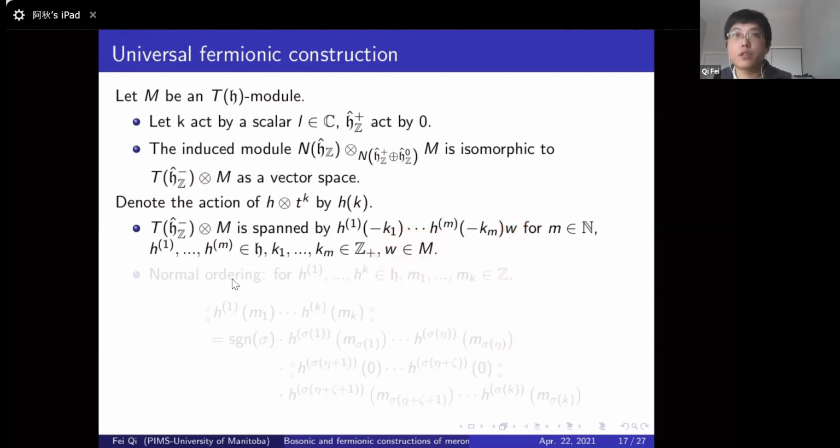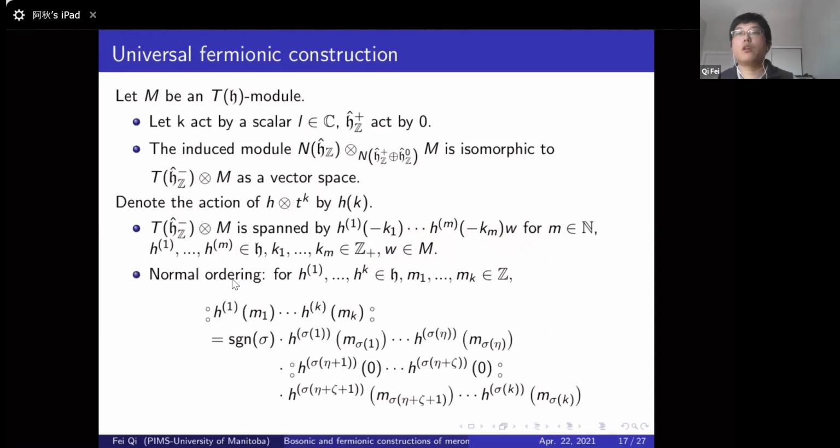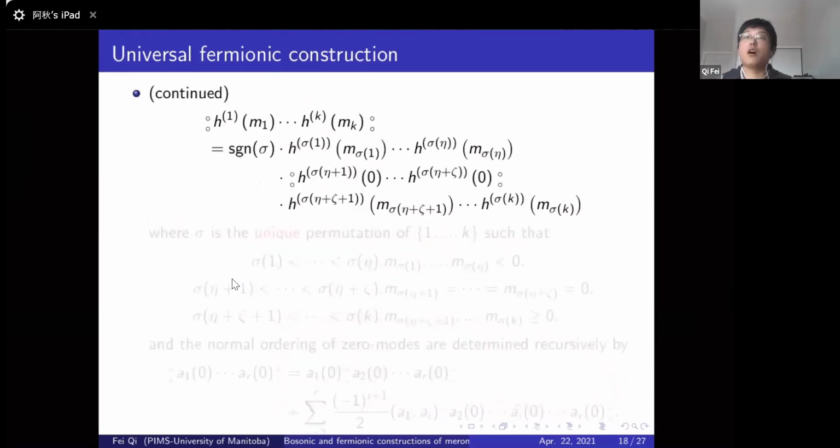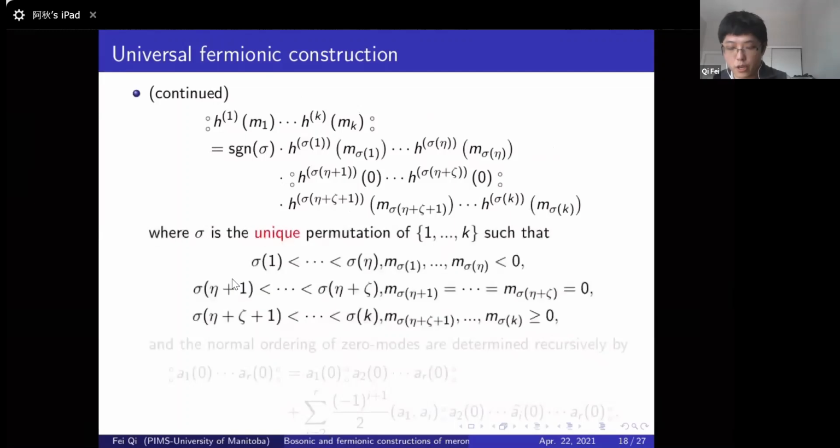And the second difference lies in the normal ordering. So the normal ordering in this case is much more complicated. First it will still be a permutation of stuff like this, but the permutation is determined in a similar way as before.